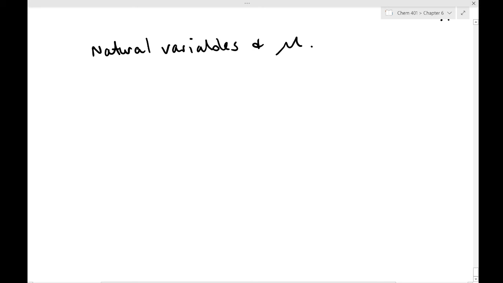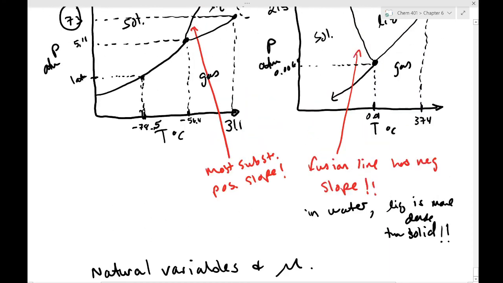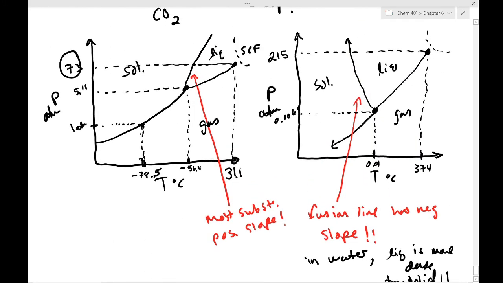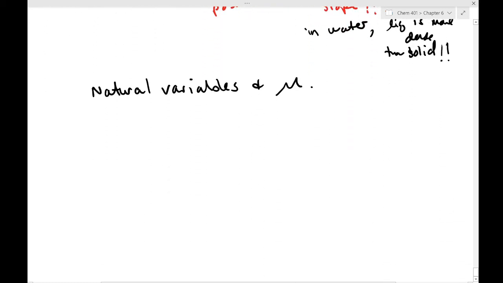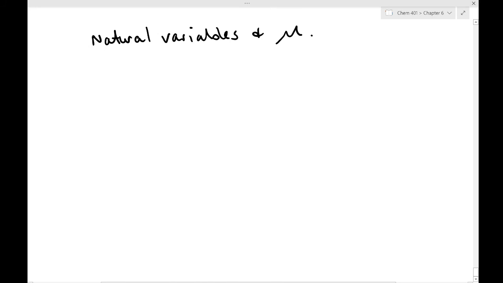Can we define mu in terms of some natural variables? Essentially, what we want to know is how the chemical potential changes with respect to pressure and temperature. If we have all of these plots that show the phases with respect to pressure and temperature, what we want to know is how the chemical potential changes with pressure and temperature, because we want to be able to see if something is a spontaneous process or not.